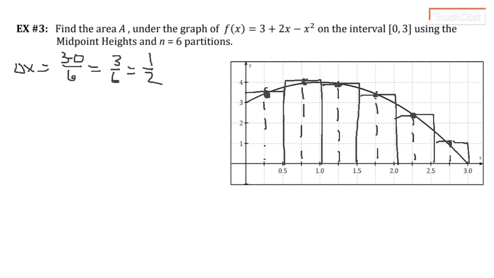Alright, so now we can start finding this. Since this is a midpoint approximation, we're going to write MP for midpoint, and we broke it into 6 intervals.